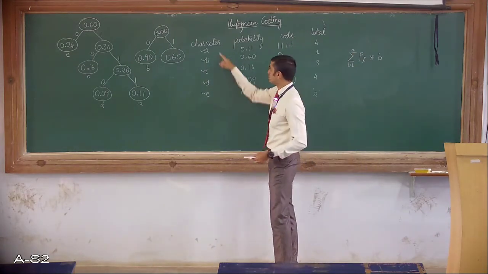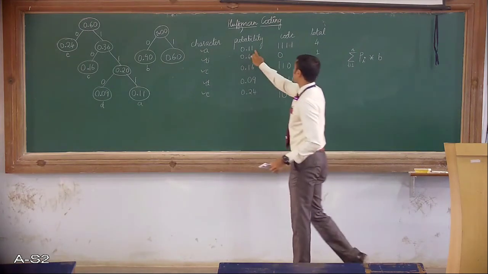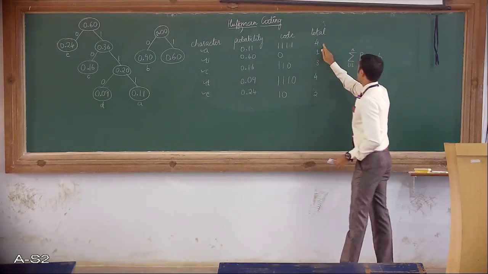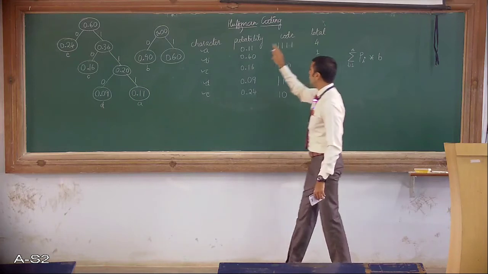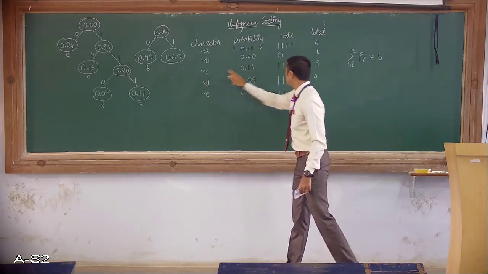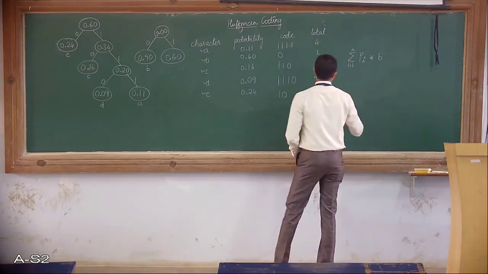I have 5 characters, so 1, 2, 3, 4, 5. What am I doing? Probability of i. So probability of A multiplied by total number of bits. Probability of B multiplied by total number of bits. Probability of C multiplied by total number of bits. So I need to add all these things.